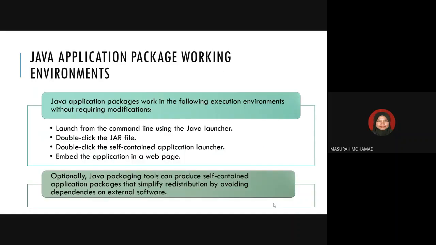Java application package working environment. Java application packages work in the following execution environment without requiring modification. So what are the environments? The first one is launch from the command line using the Java launcher, or by double clicking the Java file, or double clicking the self-contained application launcher, and fourth, embed the application in a web page.